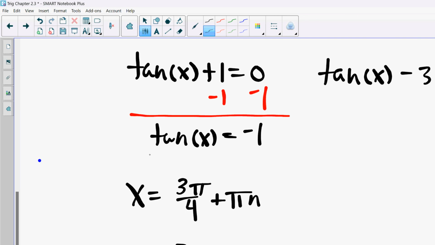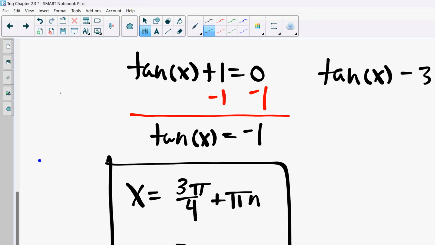And because we are not restricted between 0 and 2 pi, we add the pi in because that is the period for which tangent repeats itself. So we have these two here.